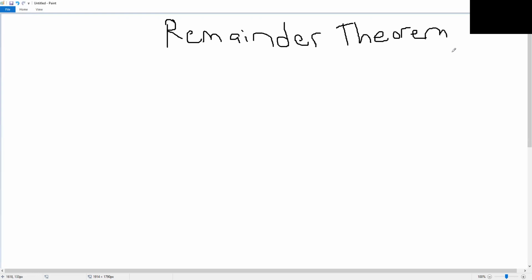Okay, remainder theorem. Hard to write with this thing. Now, remainder theorem states that the remainder from the synthetic division is equal to the expression evaluated at K.